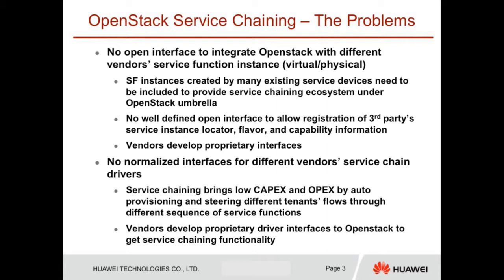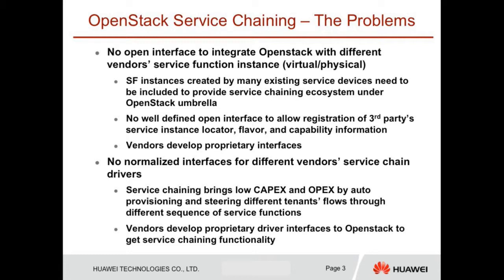For example, companies like F5 or Citrix have their own way of creating their service VMs. So how can we import their service VM into the OpenStack service chain? We need a well-defined open interface to allow the third party to register their service instance locator, flavor, and capability information. If we do not have such an interface, then different vendors will develop different proprietary interfaces.